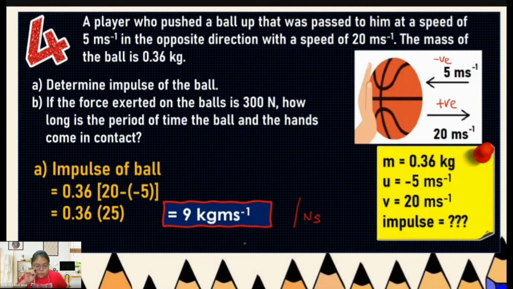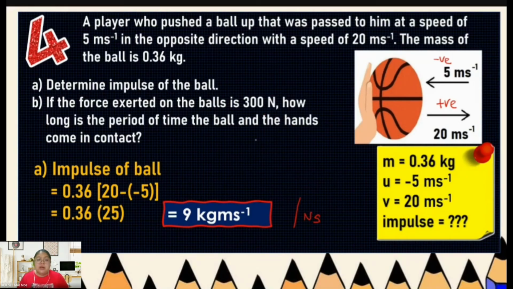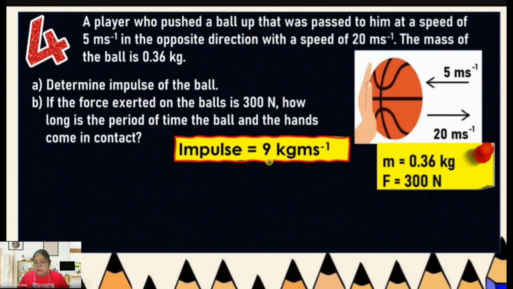Okay, number 2. Tongzhen, what do you think about your answer for number 2? B. 0.03 second. Okay, 0.03 second. For B, they gave you an extra 300 newtons. They gave you the force already. So I can see question B. The impulse was provided just now, then 300 newtons is extra information. They want to find the time taken.